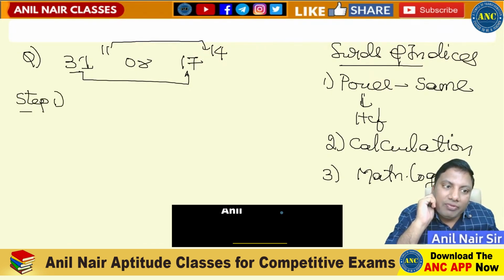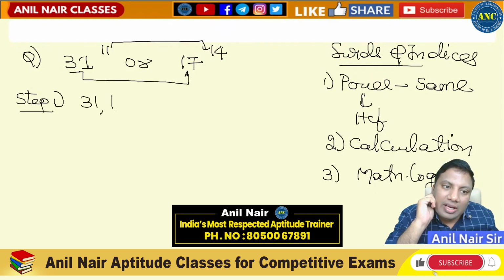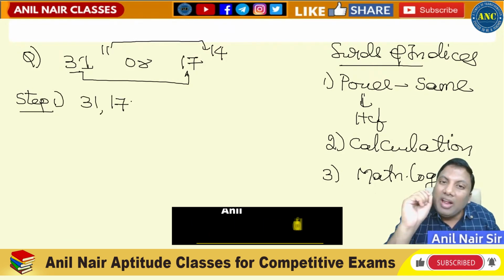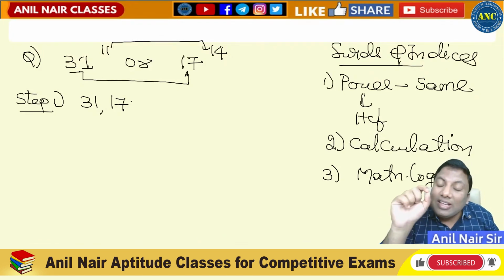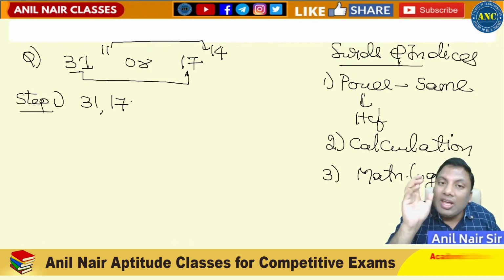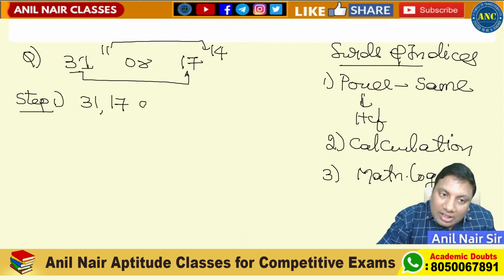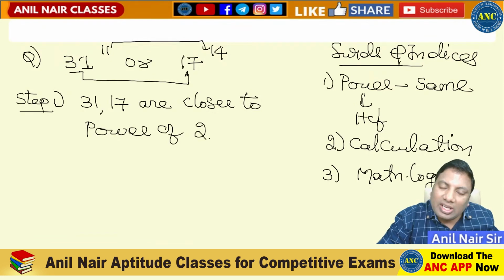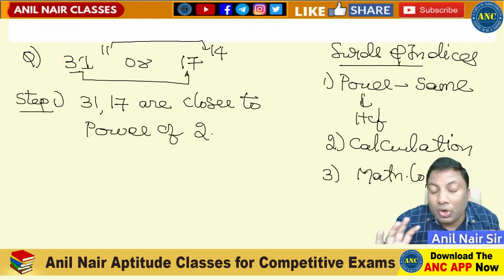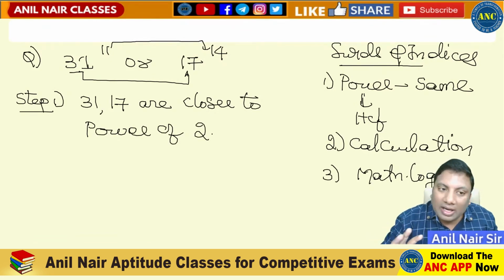If you observe 31 comma 17, 31 is closer to 32, which is 2 power 5. 17 is closer to 16, which is 2 power 4. 31 and 17 are closer to powers of 2. I hope the first step is clear. No mathematics, no advanced level logarithm related skills.